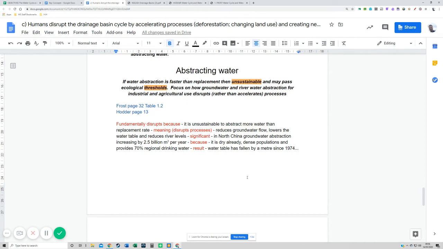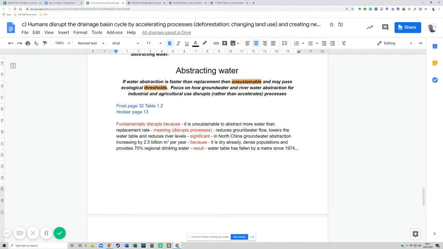Anyway, so abstracting water, I've given you and left some notes here, but it's mainly for agriculture and industry, like we said, and it's all about whether the abstraction is faster than replacement. So if you're taking more than is being replaced, over time, that becomes unsustainable. So like it says there, it fundamentally disrupts because it is unsustainable to abstract more water than replacement rates.